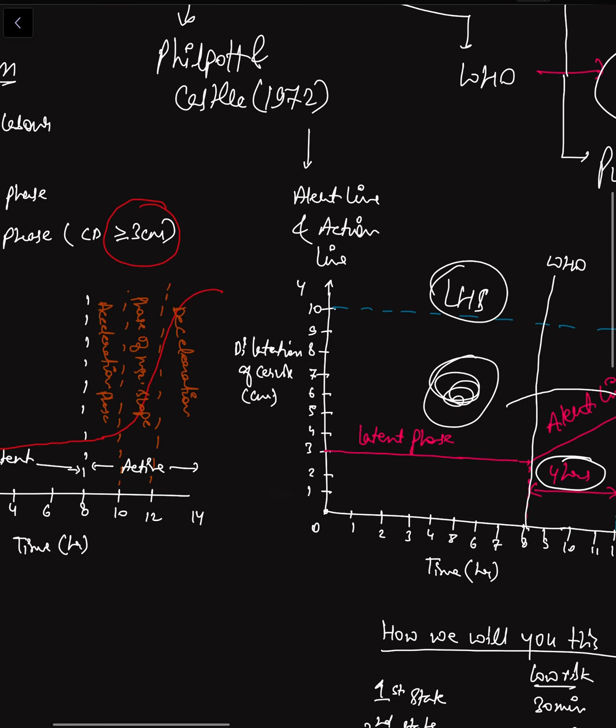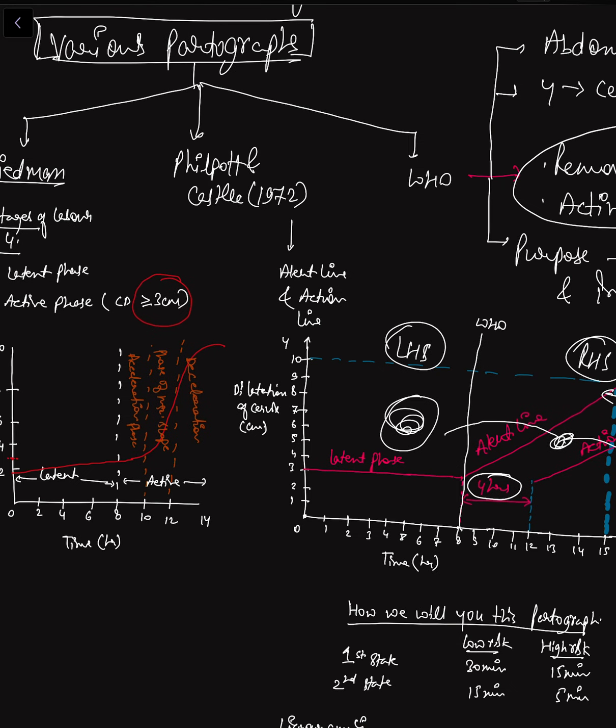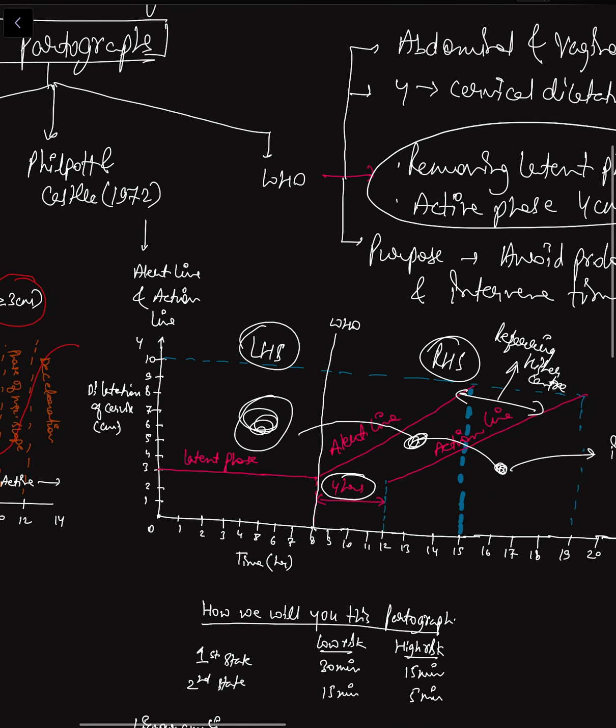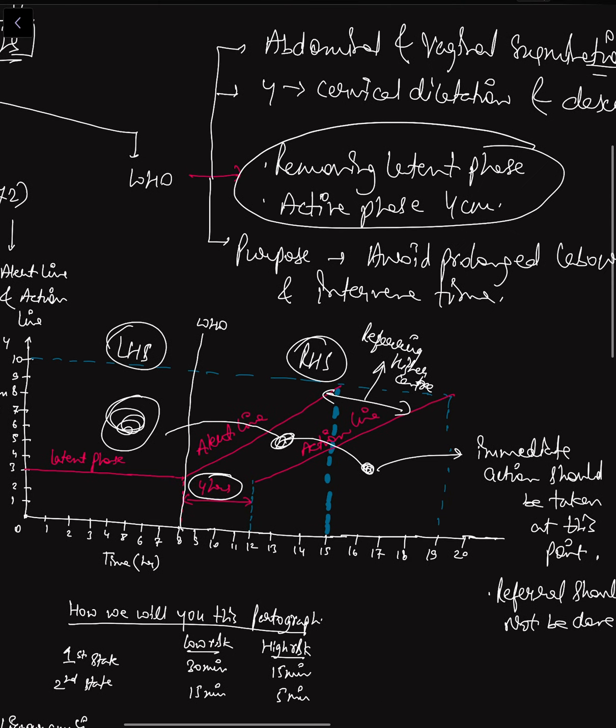Another one, Philpott and Castell, gave the partogram in 1972. He introduced the concept of alert line and action line. Then WHO removed the latent phase from the partogram, and the active phase starts at 4 cm.